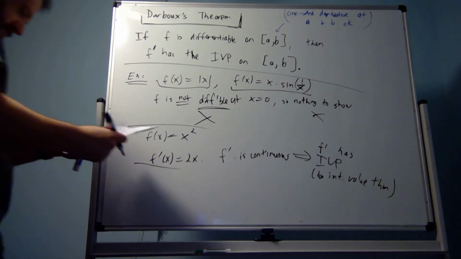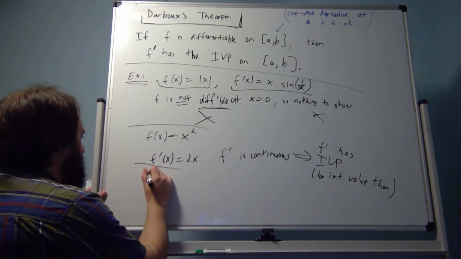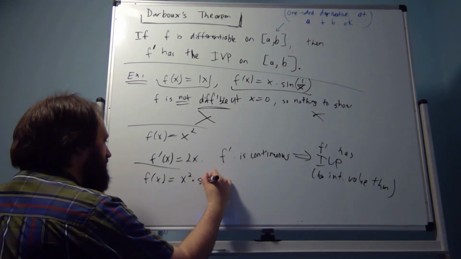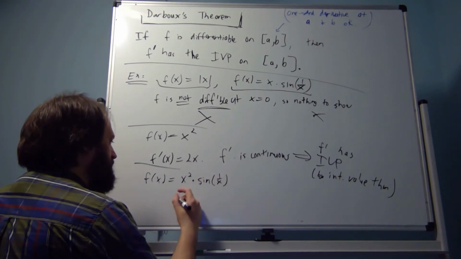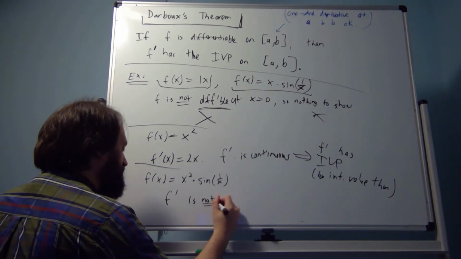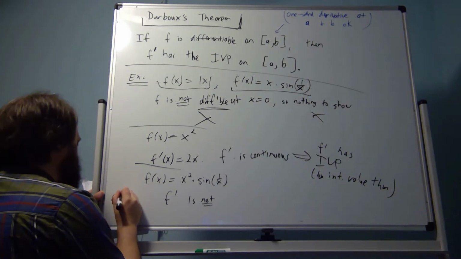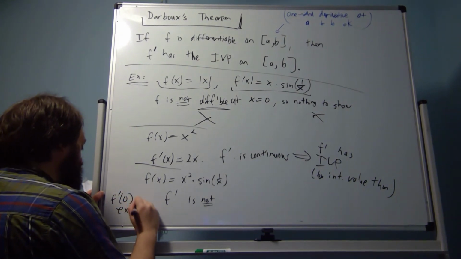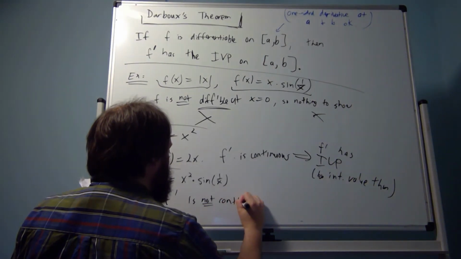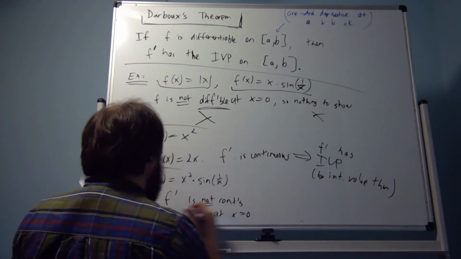So the one that's really interesting is the one that we just did. F prime at 0 exists. F prime is not continuous at x equals 0.